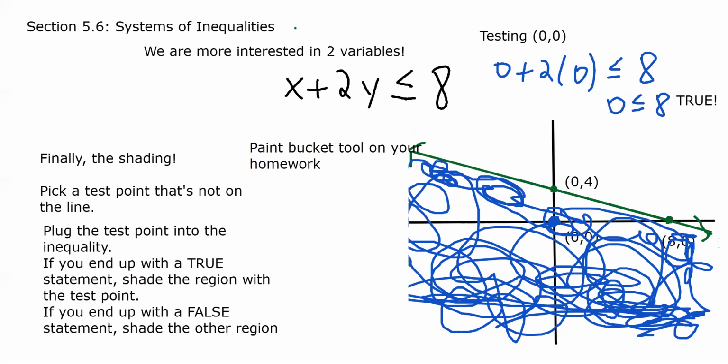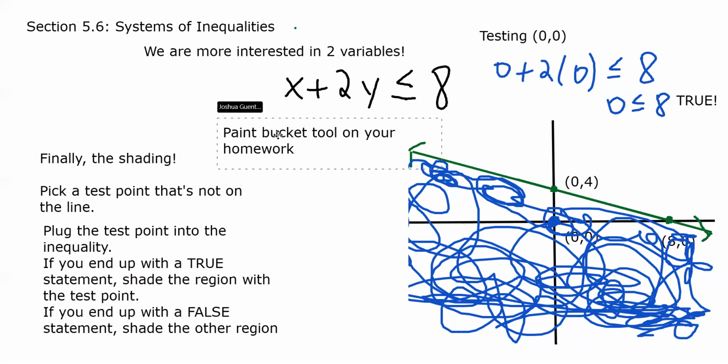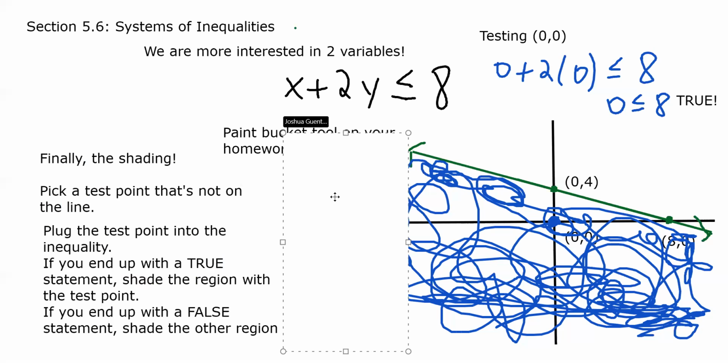After you've graphed the line and decided if the line should be solid or dashed, when it's time to shade the appropriate region, you grab your paint bucket tool and click the region you want. You would literally click this region here and it's automatically going to shade it. I believe it uses yellow. And that's how we're going to graph a linear inequality.